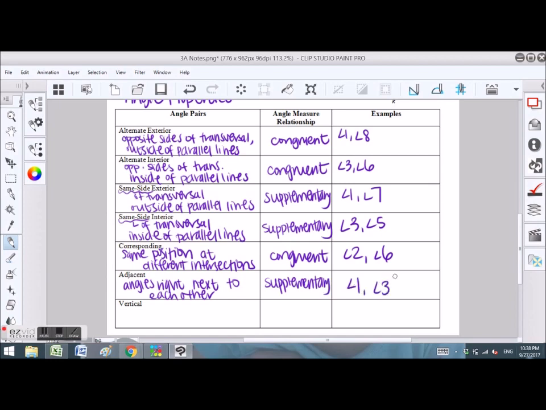Now, finally, vertical angles are angles that are opposite at the same intersection.